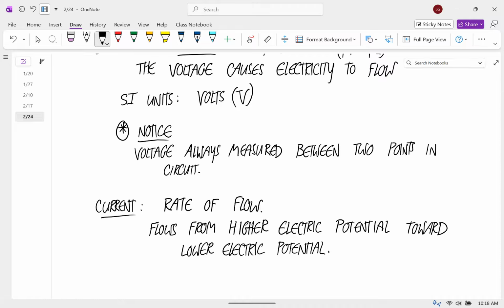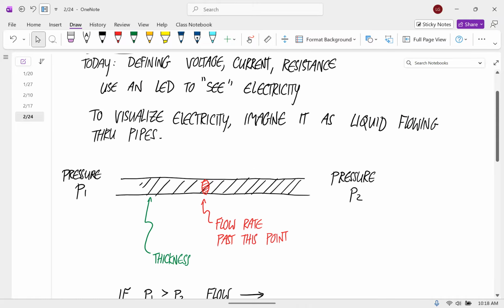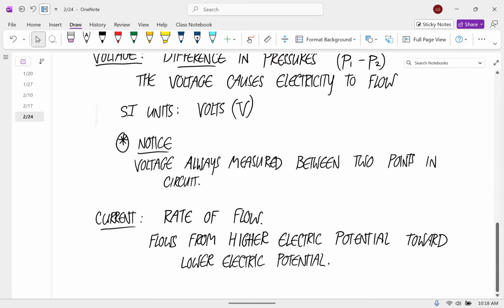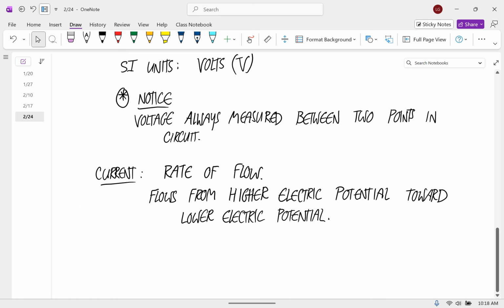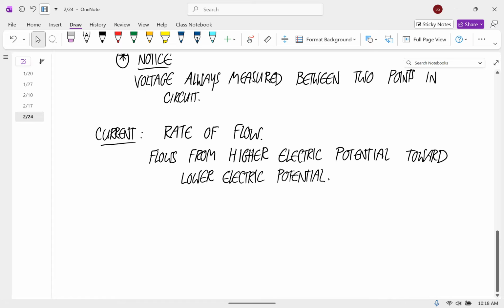Okay, so going back to that fluid analogy, that's just saying, the direction of the fluid flow is always going to go from the higher pressure toward the lower pressure. That's the way current works with voltage, okay, or with electric potentials.